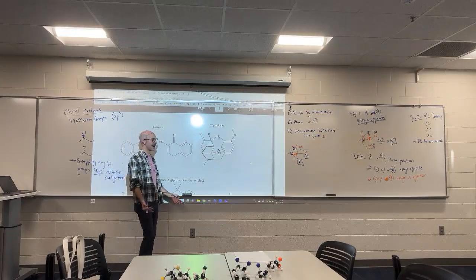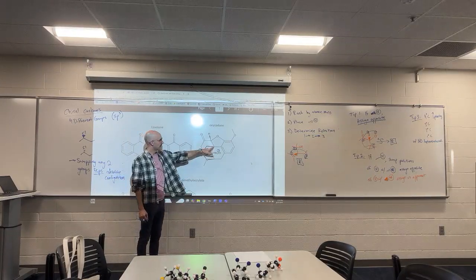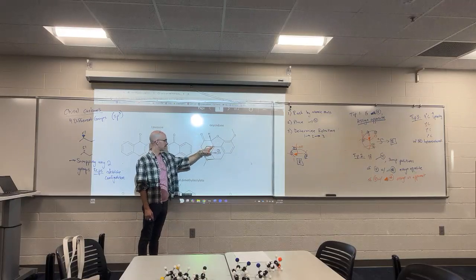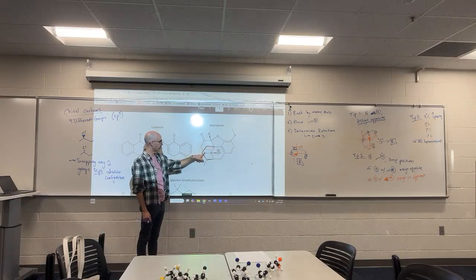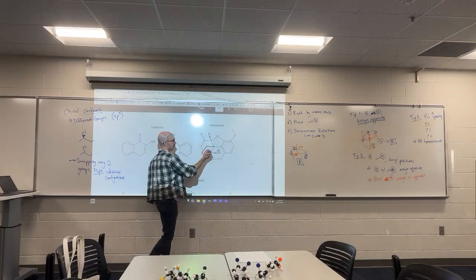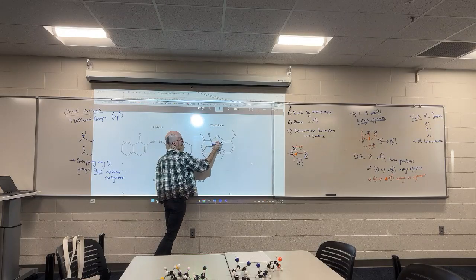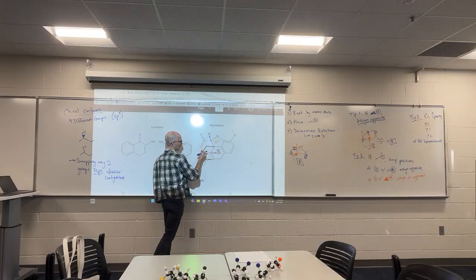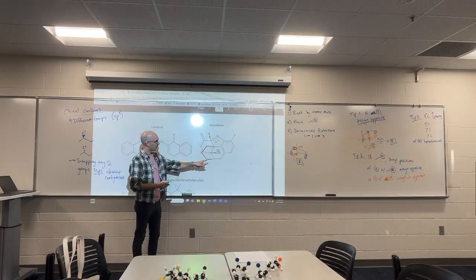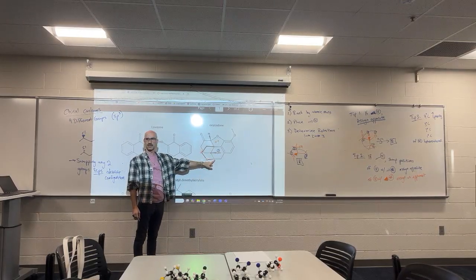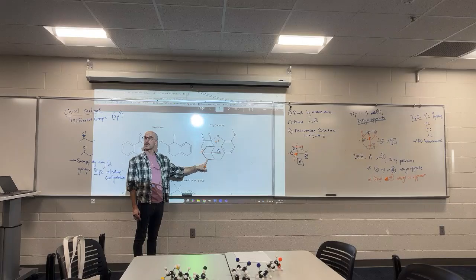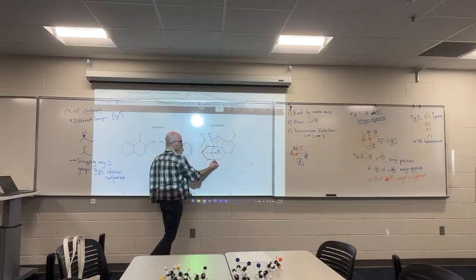Well, I can look for the next highest mass. This is only bonded to carbons. This is bonded to 1 carbon and 2 hydrogens. So we can say that this is quaternary, this is secondary, but this one is bonded to a nitrogen. Nitrogen wins out. Here's priority number 2.